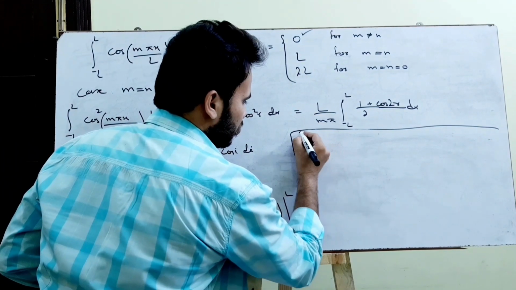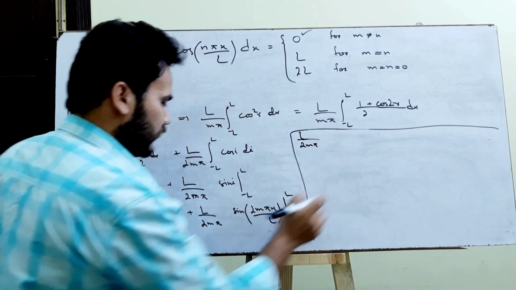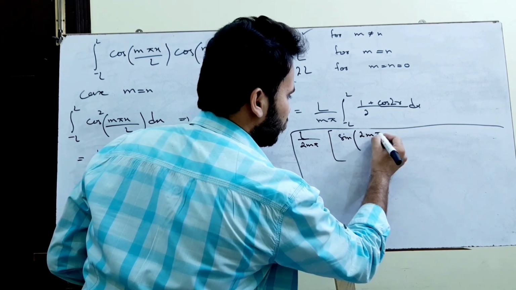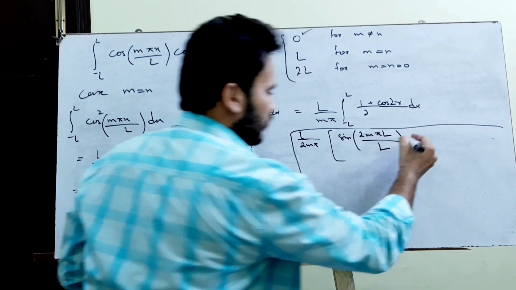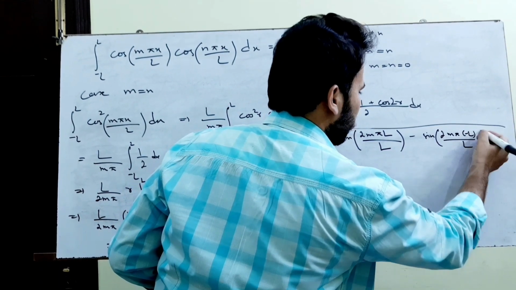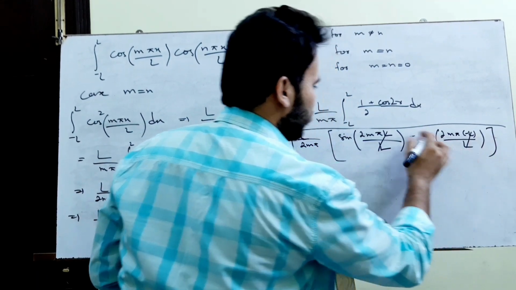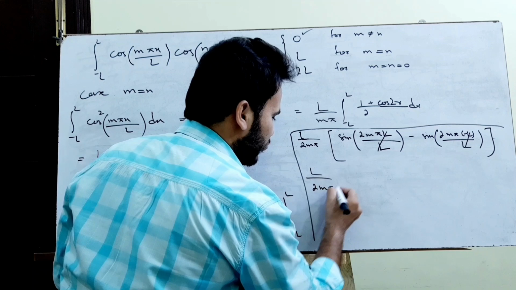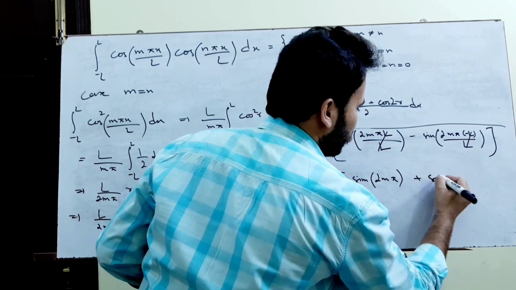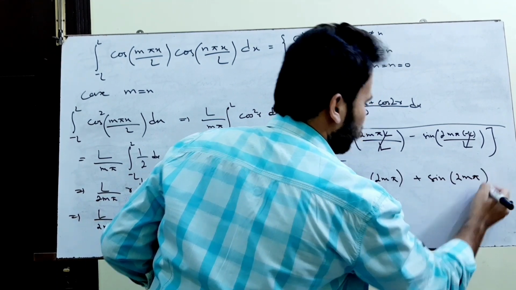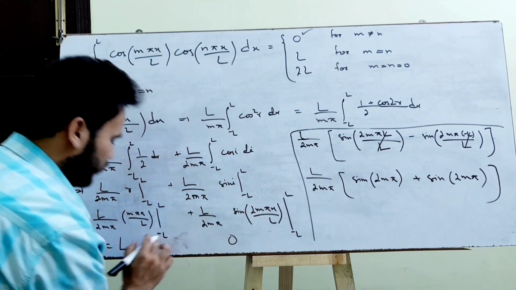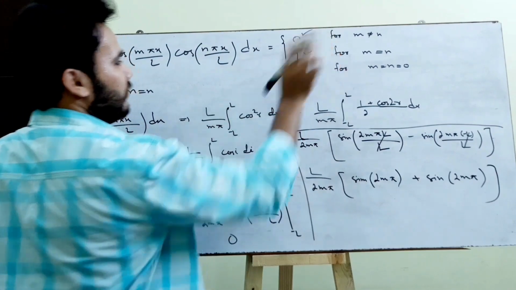Here L over 2m pi sine 2m pi x over L: sine 2m pi L over L minus sine 2m pi negative L over L. So L cancels out, and the same as the last one. This is L over 2m pi times sine 2m pi plus sine 2m pi. We know that, guys, sine 2m pi will be 0. So this part is 0 and this is L. So here we get the desired result which we want.